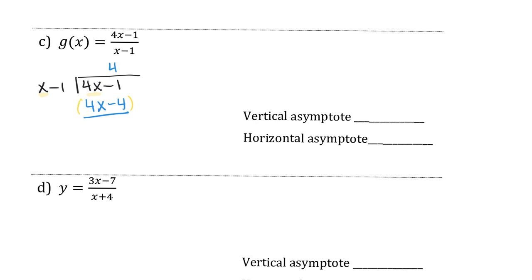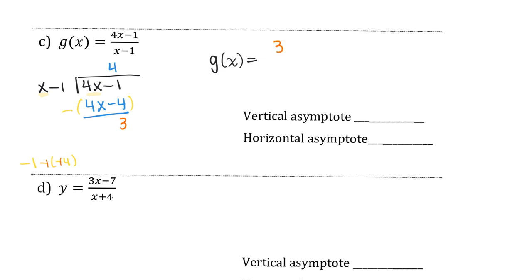Okay, and then be careful. I'm doing negative 1 minus negative 4. So that's negative 1 plus 4. Negative 1 plus 4 is 3. Okay, now I'm going to write it in the order we sometimes see it. It's okay if you write it the opposite. I'm going to put the remainder first just because I know that's the fraction.